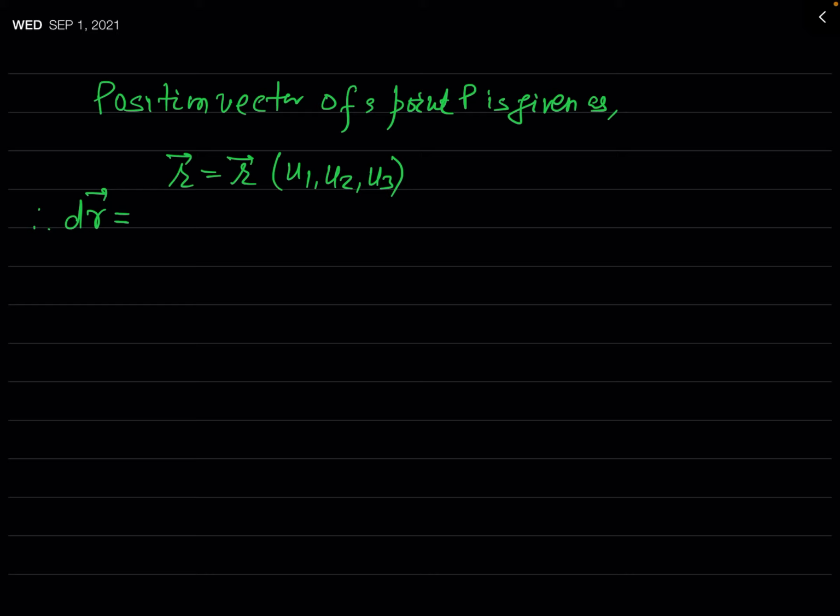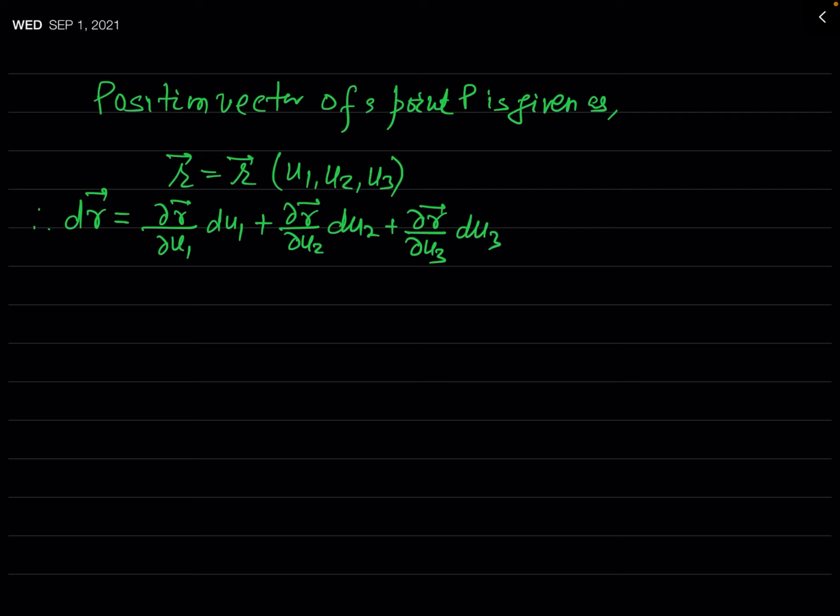So this dr will be equal to del r by del u1 du1. When you write this first term, you keep u2 and u3 constant. Similarly, the second term will be del r by del u2 du2 and plus del r by del u3 du3.